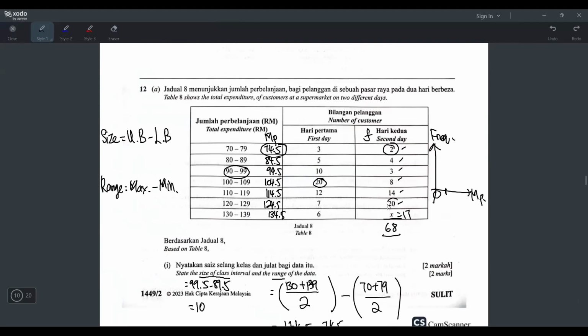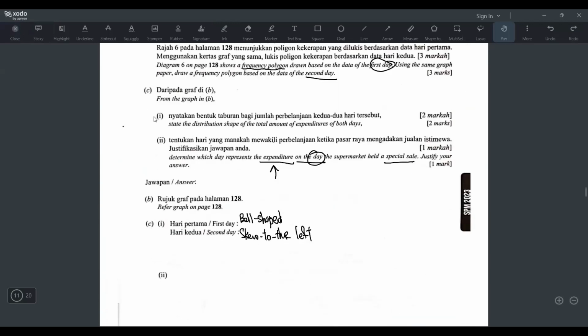But on the second day, lagi banyak orang spend 120, 129, right? And also you can see that overall banyak like 14, 20, 17, all the high frequency is at the higher spending. But on the first day, all the higher frequency is on here, which is lower compared to the second day, right? So if you want to choose which one is the special sale, is the second day lah. Okay, it's the second day.